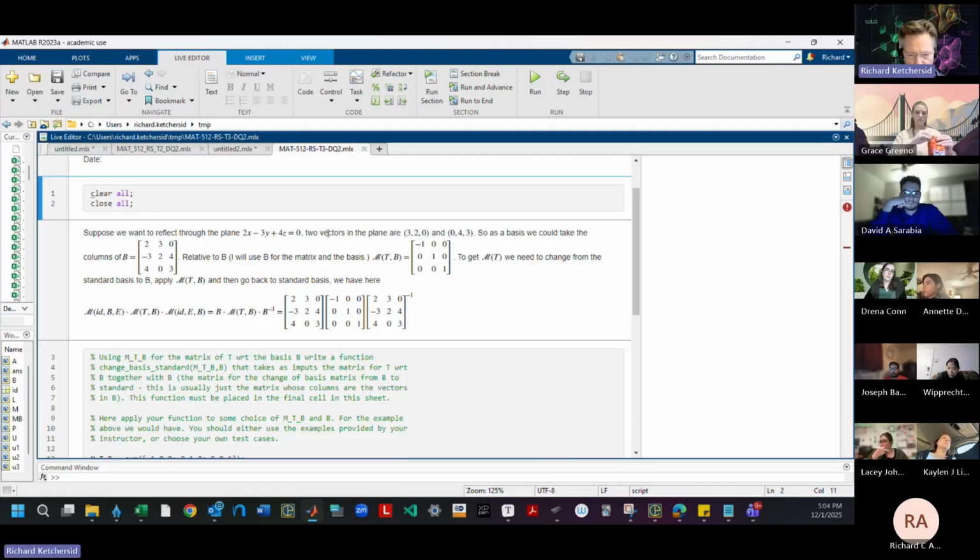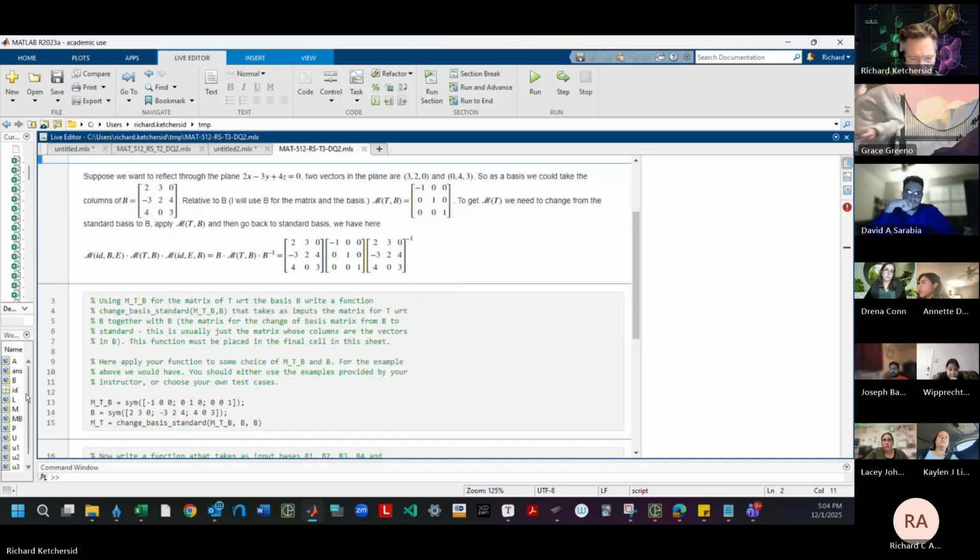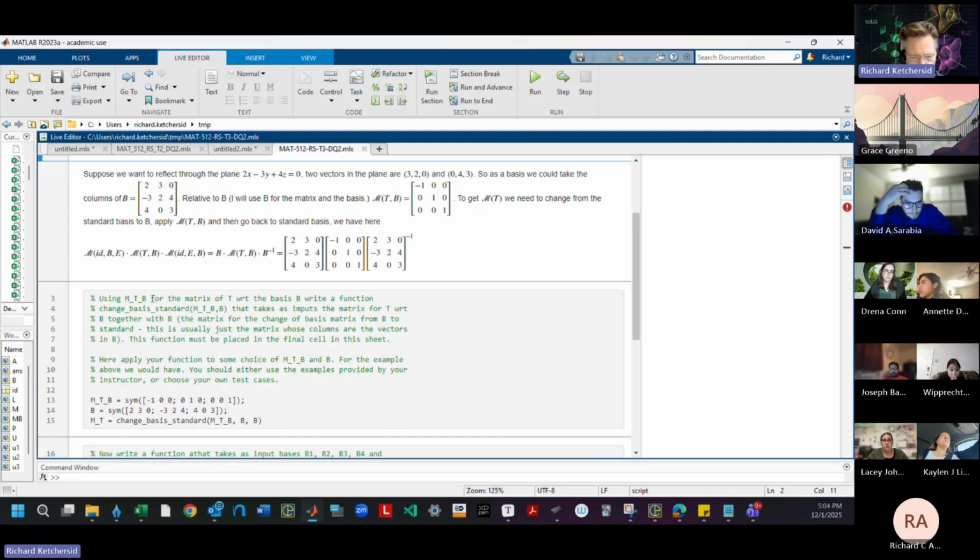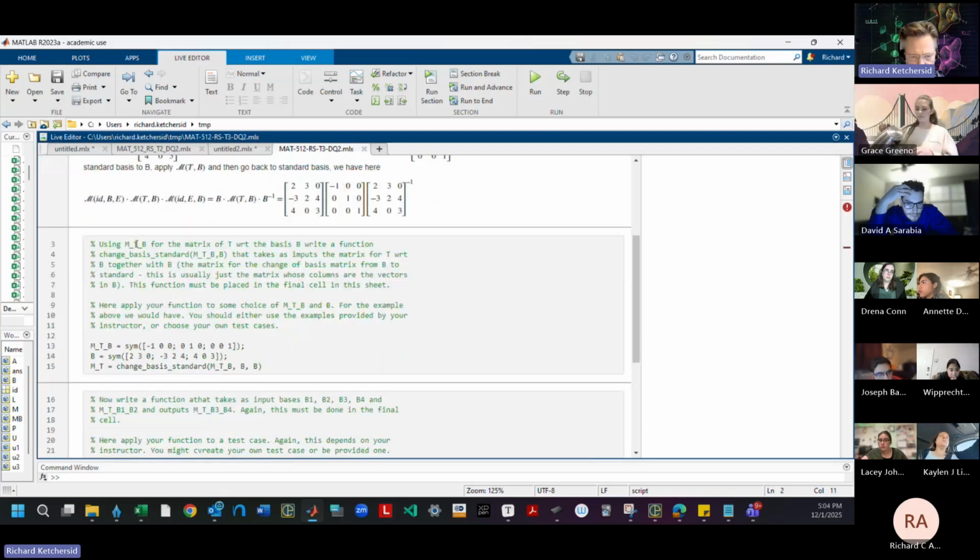And then here I say, suppose we're wanting to do some sort of transformation and then do a change of basis, right? So I sort of explain how to do that for this particular one. Okay, and let's see. So then using this notation, so this notation is going to be the matrix of T with respect to a basis B, right?